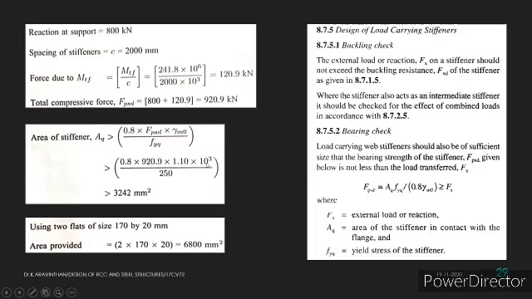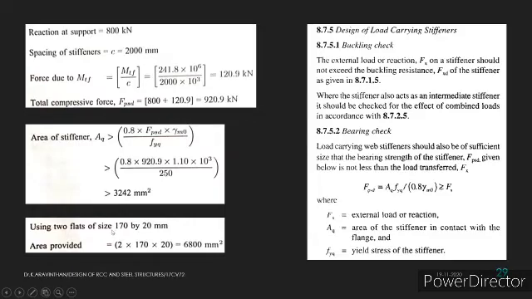In order to get this value, see 920 is in terms of kilonewton. If you want it in Newton, you can multiply by 10 power 3. So Fy is in terms of Newton per mm square. Hence, if you simplify this, you will be getting 3242 mm square. So the area of the stiffener should be more than this.